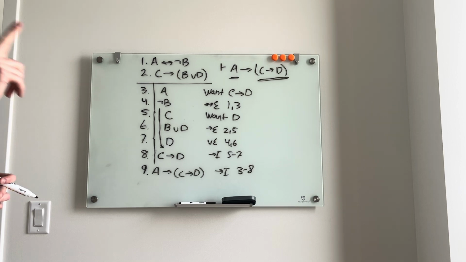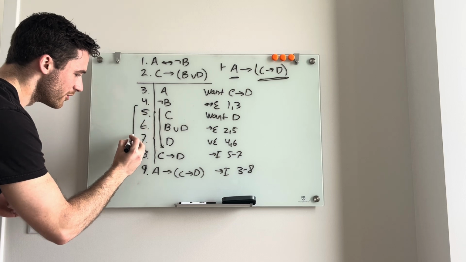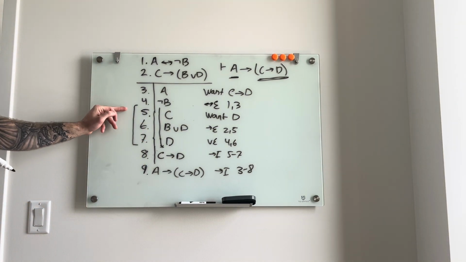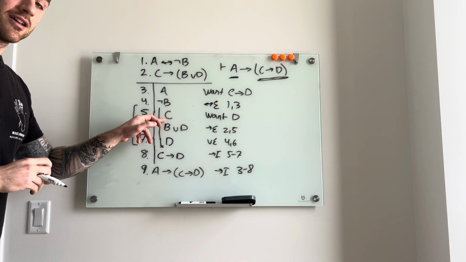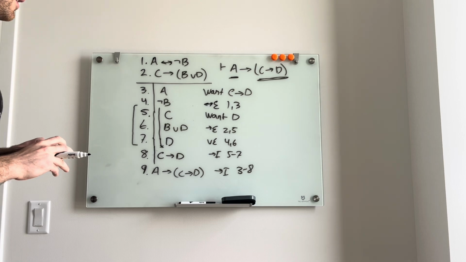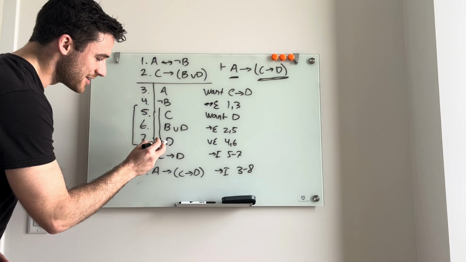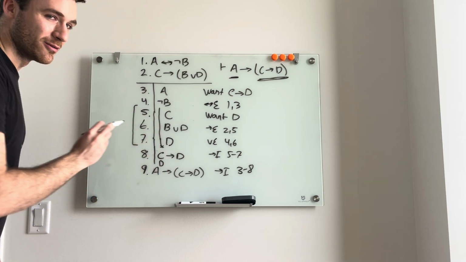Okay, now one more note before we move on. This subproof right here is all done under the assumption of C, right? I started this thing assuming C, and so here's what I can't do. I can't take a sentence D and say that it's true outside this subproof right here.